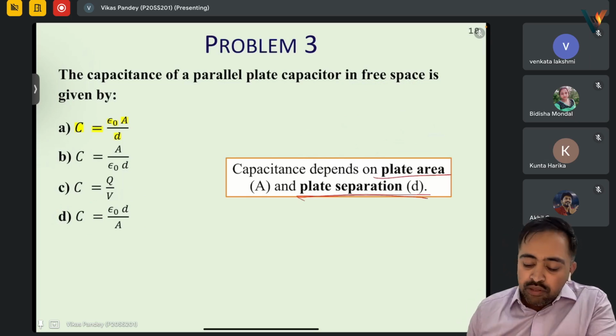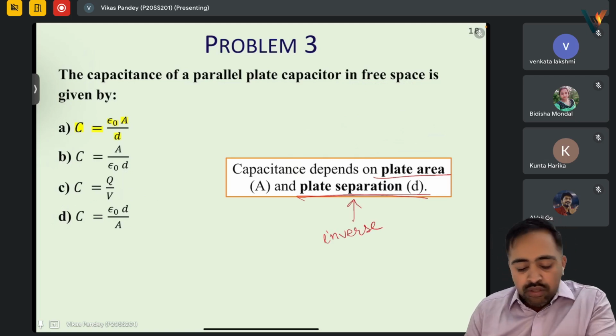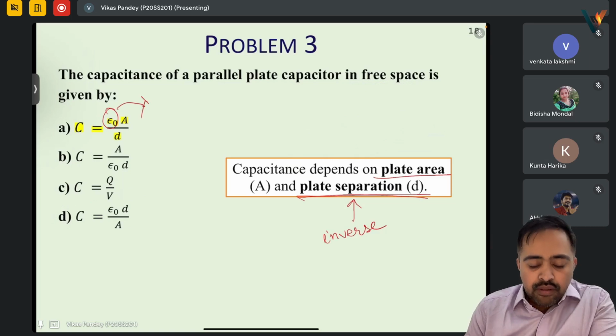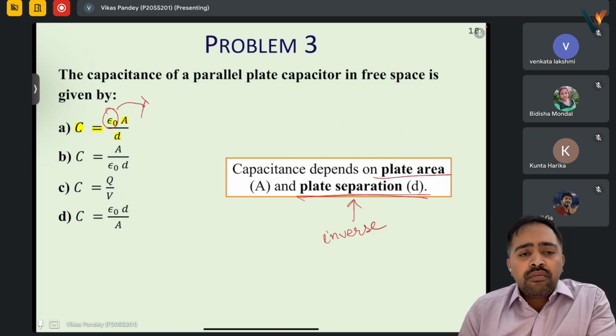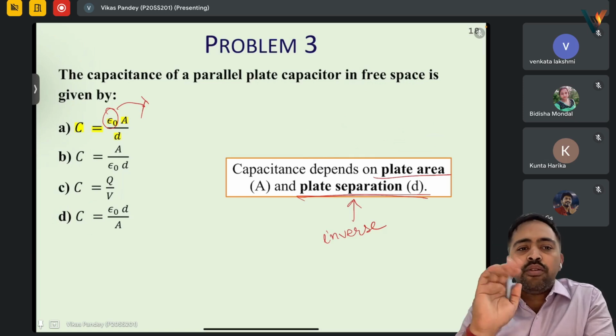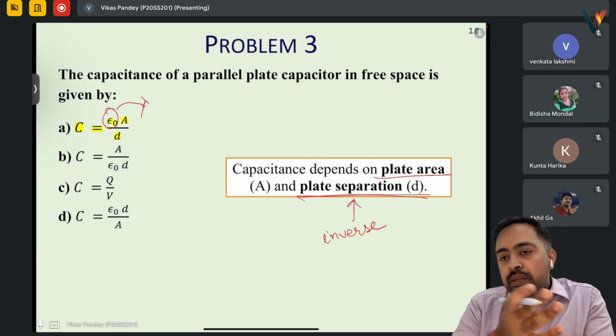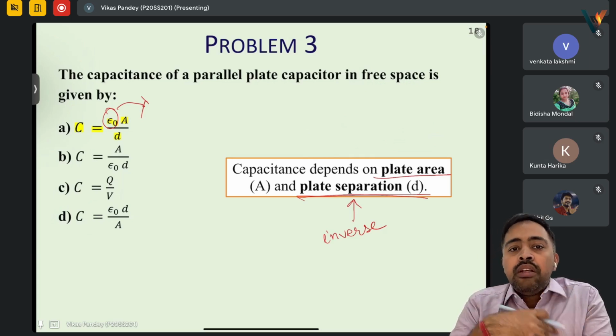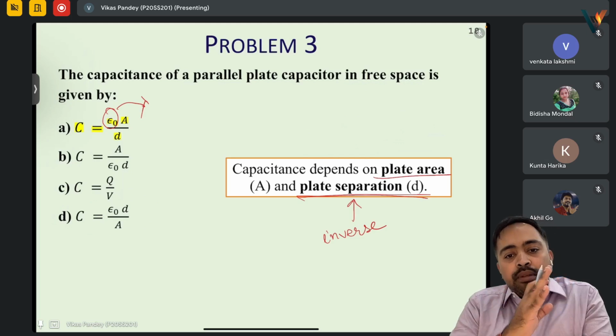But the dependence on plate separation is inverse, and the constant is epsilon naught. It can have other constants also, but epsilon naught is taken as linear dependence. So the more the permittivity, the higher the capacitance.